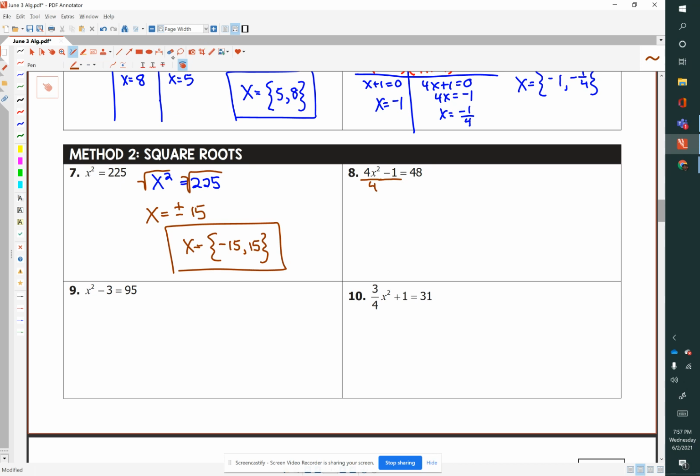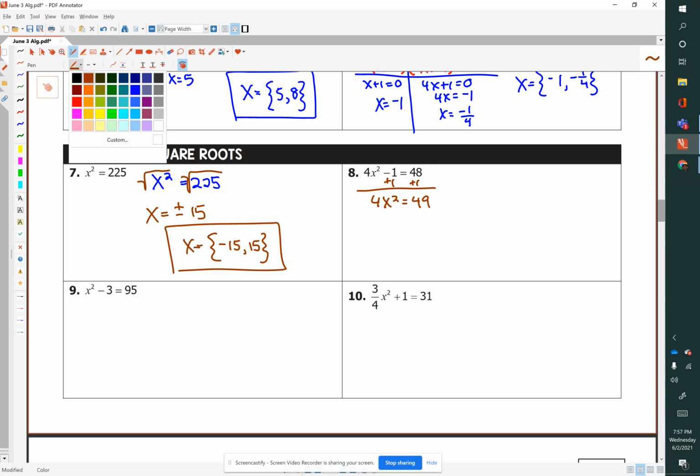Let's move the 1 over first, because I like what happens when we do that. You got to pay some attention to them. So we're going to add 1 to both sides. And then we will have 4x squared equals 49.